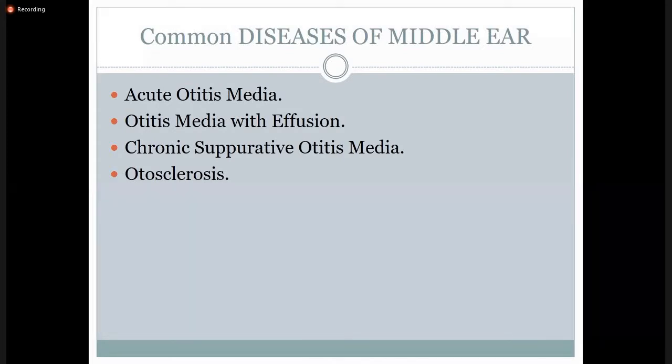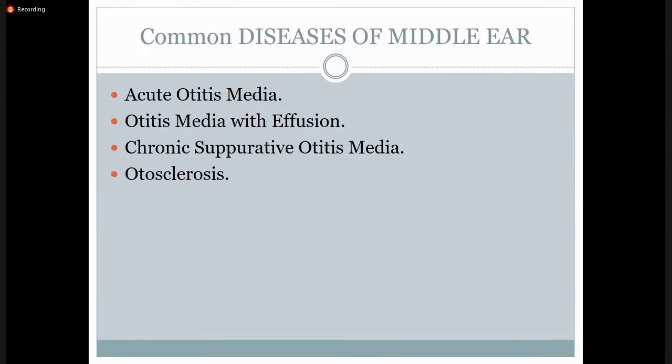Suppuration means pus formation. On one hand, it is chronic, lasting for more than 3 months, and on the other hand, it is characterized by pus formation. Such an otitis media is called chronic suppurative otitis media.